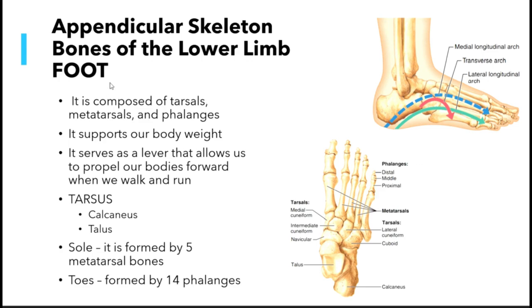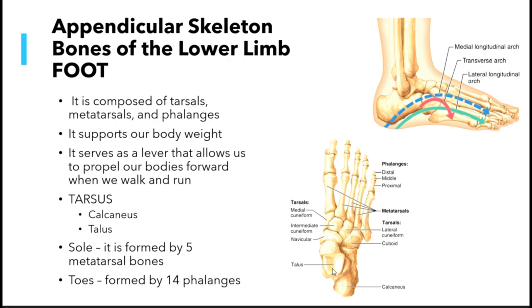Now let's have the foot. It is composed of the tarsals, metatarsals, and phalanges, similar to that of your hands. Let's now focus on the tarsus. The tarsus forms the posterior half of the foot and is composed of 7 tarsal bones. So these are the tarsals.